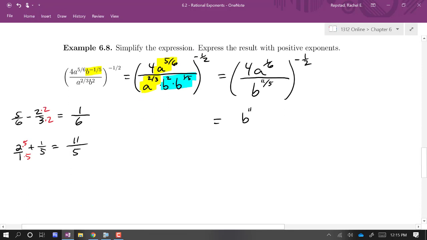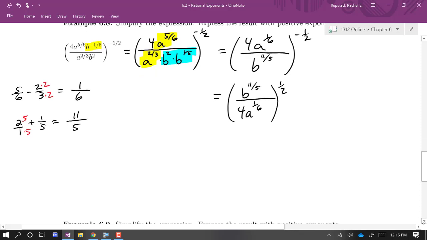So I've got b to the 11/5 over 4a to the 1/6, all to the positive 1/2 power. And now I'm going to distribute that exponent.